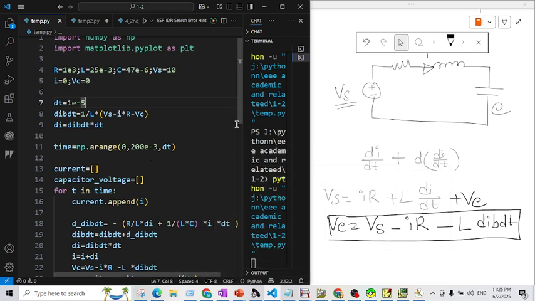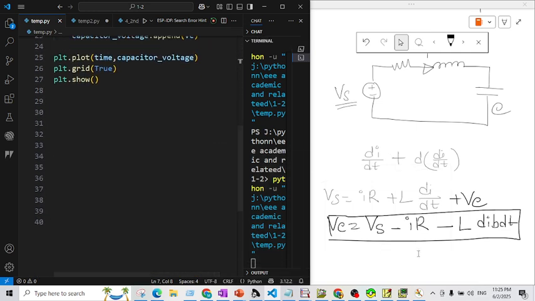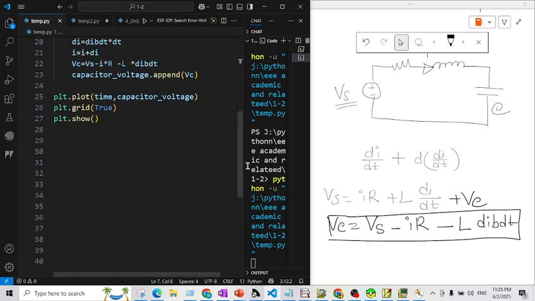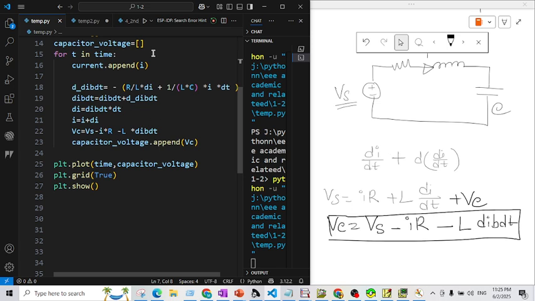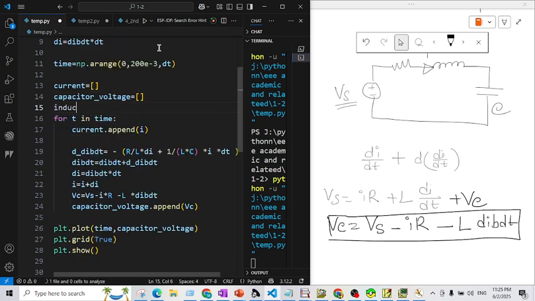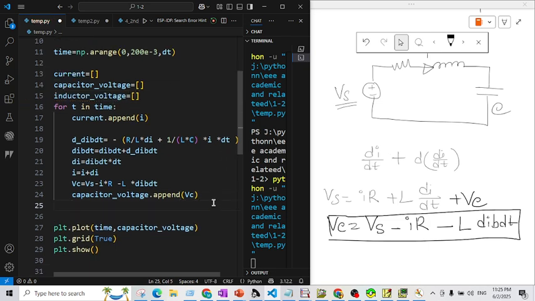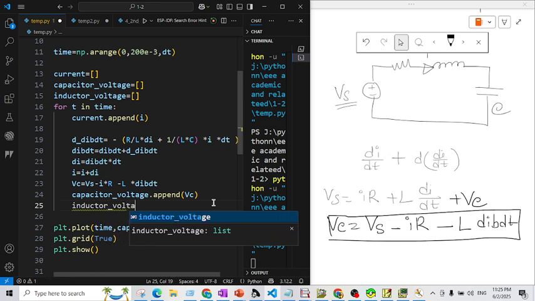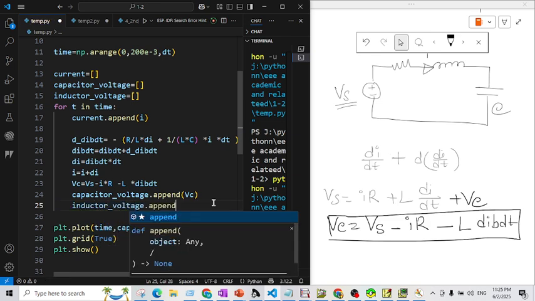Now let's try to find the voltage across this inductor. To find the voltage across this inductor, what will you do? Let's say inductor voltage dot append.